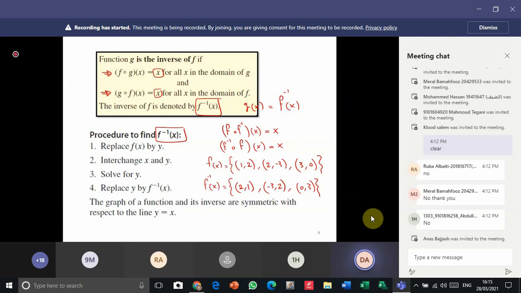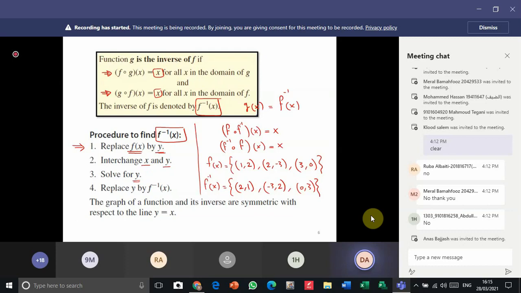Okay, in general, how can we find the inverse? Firstly, we must replace f of x with y. So remove f of x, put y. So the equation is y equals, for example, 2x minus 3. Okay. Interchange x and y. If we have x, replace it with y. If we have y, replace it with x.